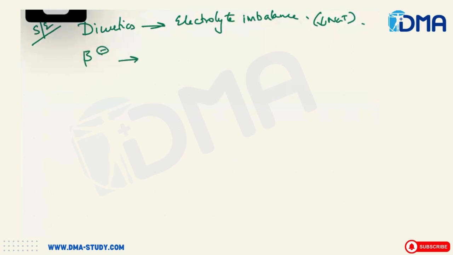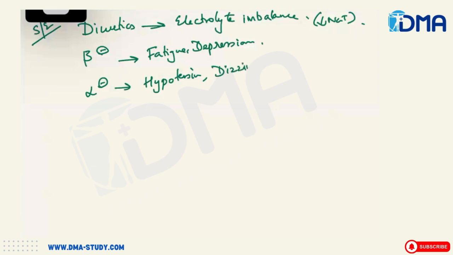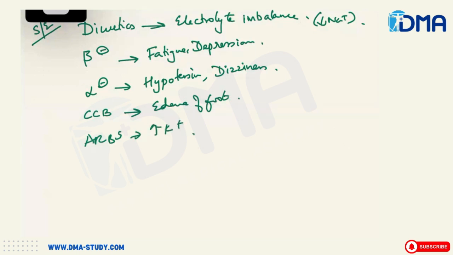Beta blockers have a possibility of causing fatigue and depression. Alpha blockers have a chance of producing hypotension and dizziness, right? Then calcium channel blockers cause edema of the foot. And angiotensin receptor blockers have an increased chance of raising the potassium in the body.